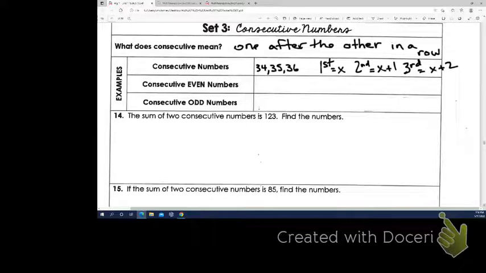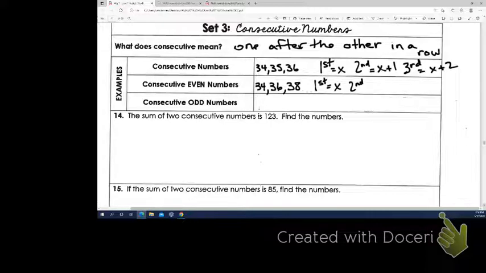So consecutive even numbers, they're still in a row, one right after the other. But consecutive even, if we started again with 34, then we would be going 34, 36, 38, etc., right? These go on and on, depending on how many we need. So in this case, we still would let the first number be x, but now the second number, we see that they jump by 2's, right?